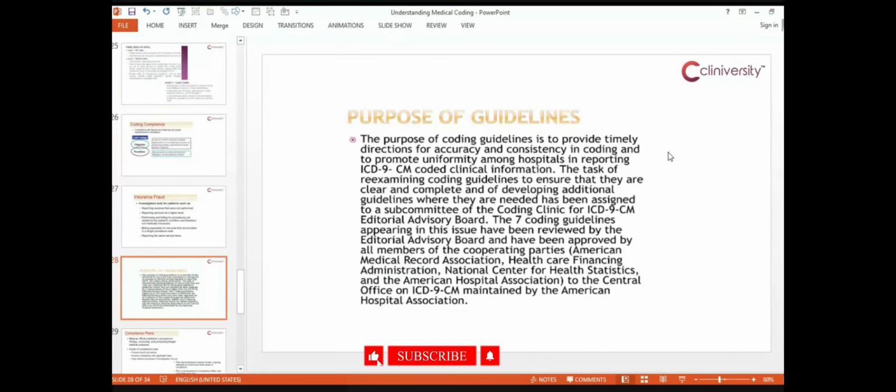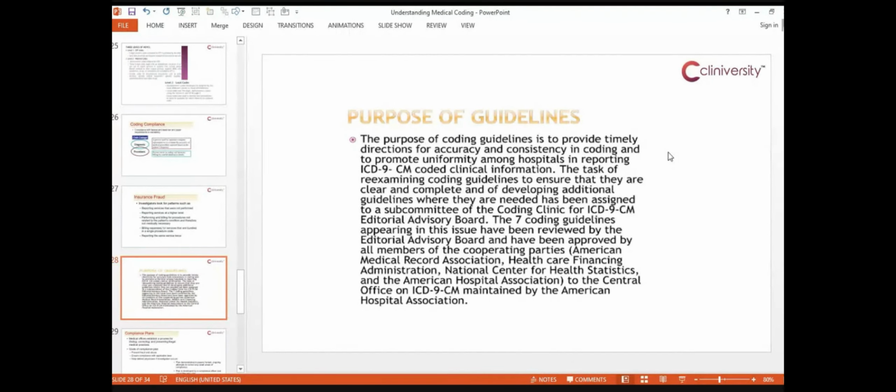Now, we have various guidelines to find accurate codes and prevent any kind of coding error, thereby preventing delay in payment from the insurance company or billing. Such guidelines exist which we need to take care of. The purpose of the coding guideline is to provide timely direction for accuracy and consistency in coding and to promote uniformity among hospitals in reporting ICD-9-CM coded clinical information, or as at present, ICD-10-CM coded clinical information.